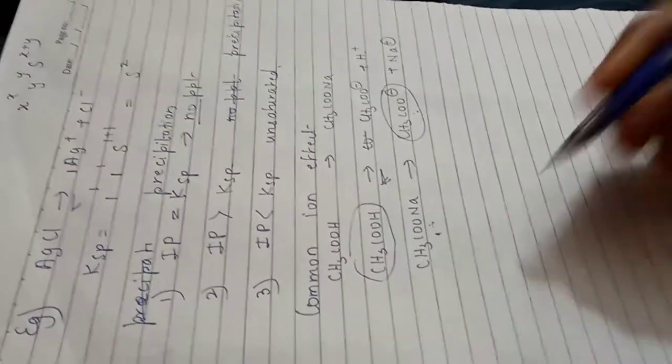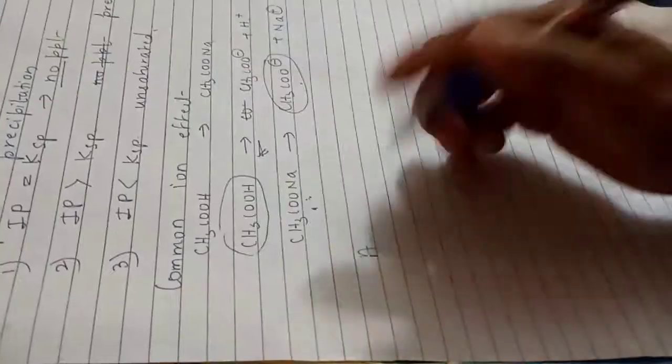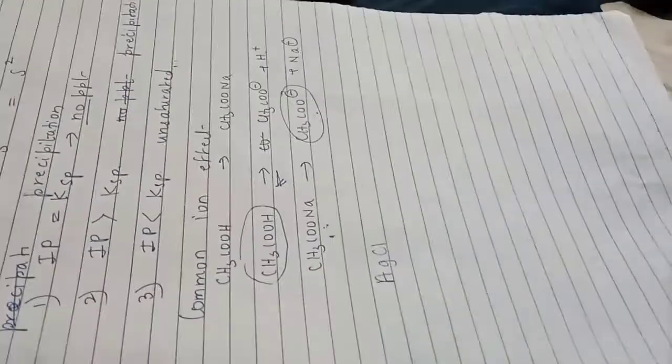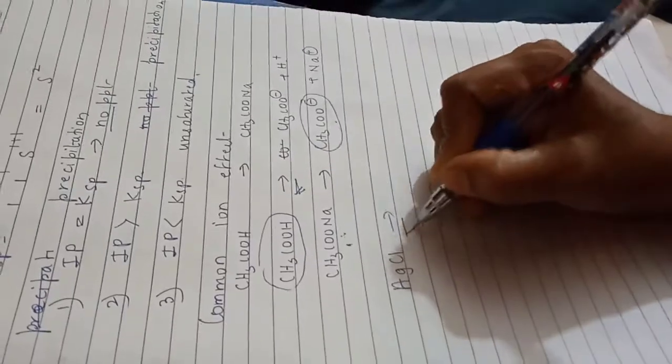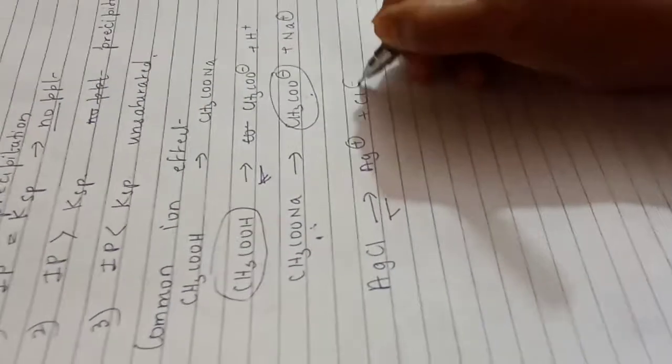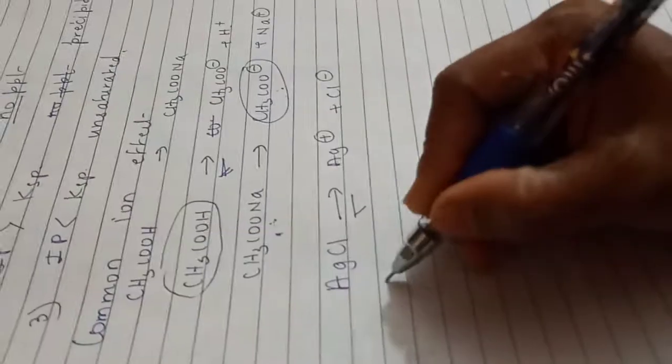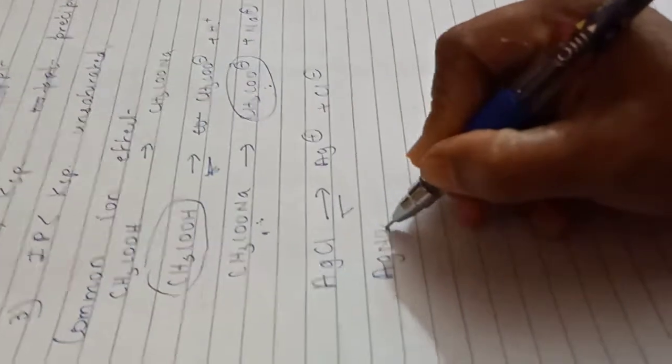Similarly, take a sparingly soluble salt. That was the acid; now take a sparingly soluble salt, with its solubility product. It undergoes partial dissociation to form silver ions and chloride ions. Students, if I add AgNO3, silver nitrate is a strong electrolyte.